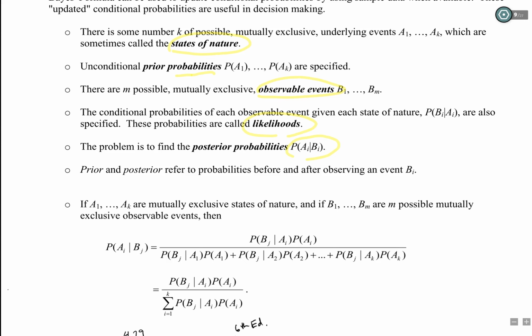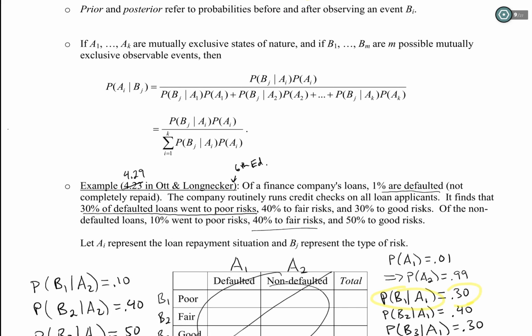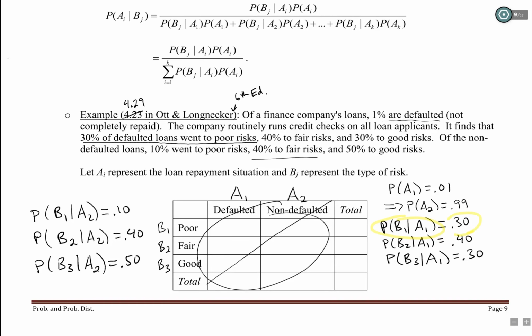Likelihoods look at probabilities of observable events given states of nature, and those are often probabilities that can be gotten, or at least estimated, from past data. That's what the bank has given us in the last two sentences. These conditional probabilities, this set and this set, are all likelihoods. And these probabilities here, P of A1 and P of A2, are prior probabilities.